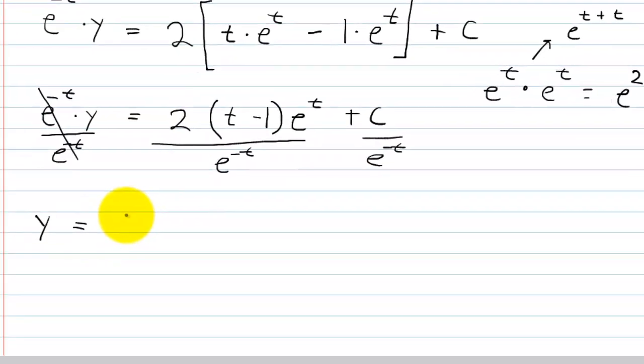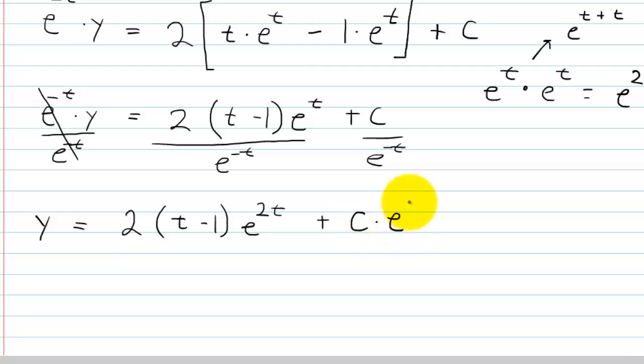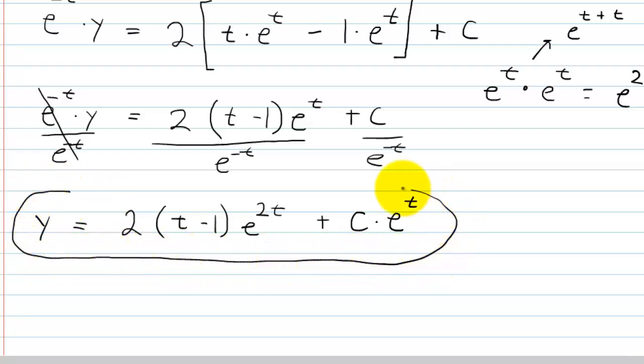So you're going to get 2 times (t minus 1) e to the 2t plus c times e to the t, because I'm flipping this up top. So that flips the sign on there. And this is your general solution to the differential equation.